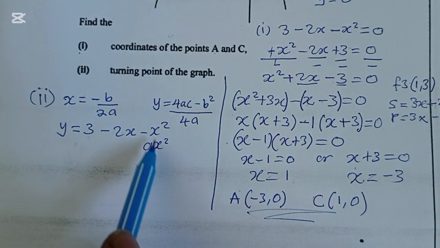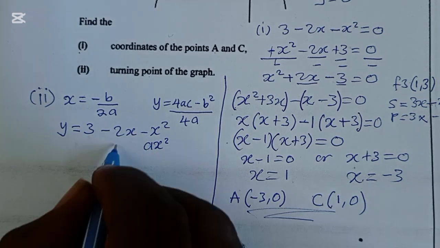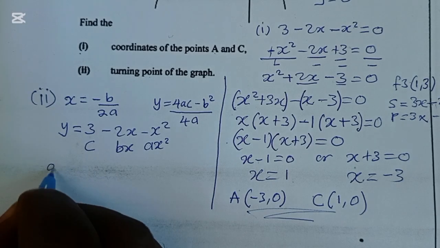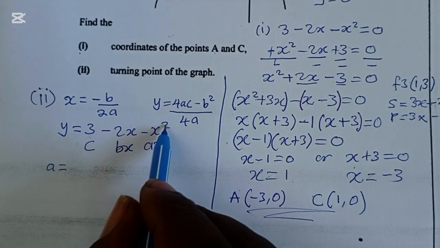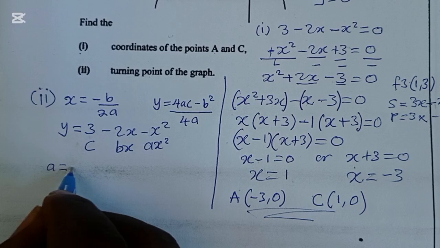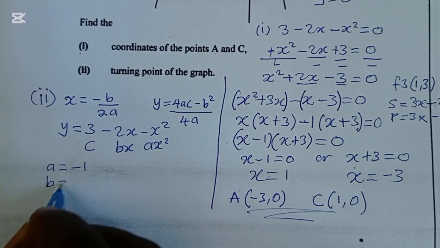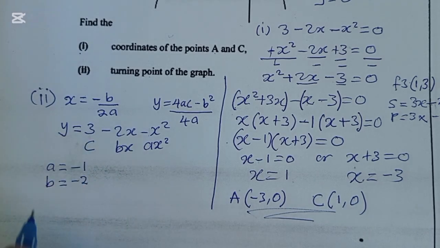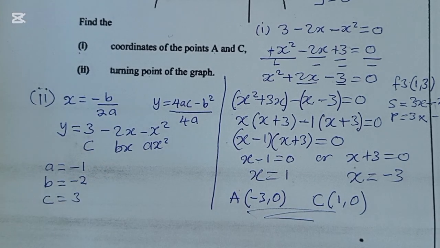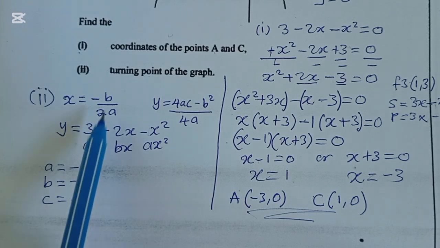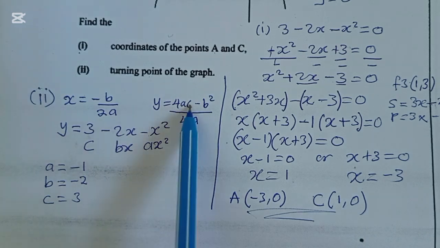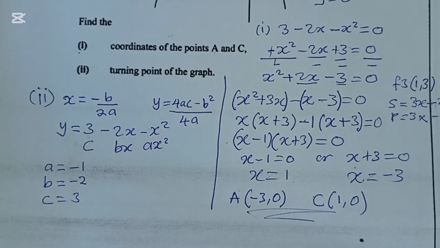So this is ax squared. This is bx. This is c. So the value for a, the coefficient of x squared here, is negative 1. The value for b is negative 2. The value for c is positive 3. So from there, I'll just substitute. Where there is b, I'll substitute negative 2. Where there is a, I'll substitute negative 1. Where there is c, I'll substitute positive 3. That's how we can find the value of x and the value of y.